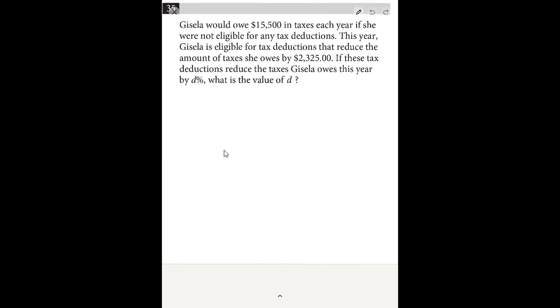All right, so here's what we're basically doing. This is another proportion. So they're saying she reduced her taxes this year by $2,325, and she would have paid $15,500 if she didn't get that reduction. And they want to know what percent reduction this represents. So this would just be D over 100.